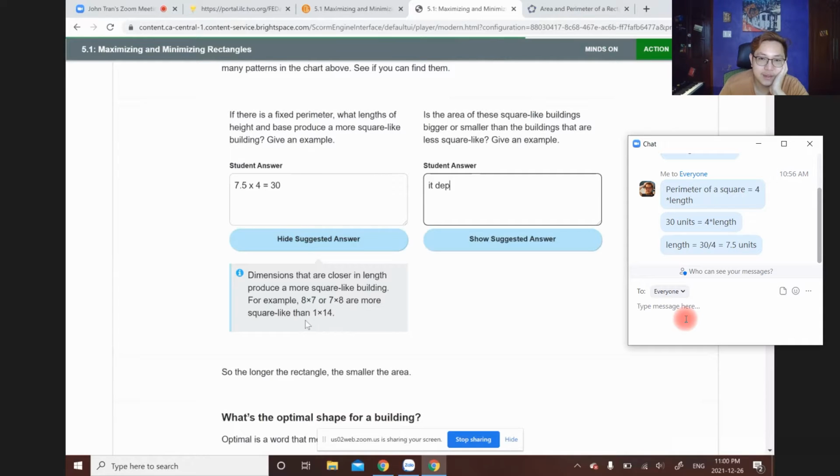Now, is the area of the square-like building bigger or smaller than the other building? It depends, of course, on the width and the length that you start with. You cannot just say that.